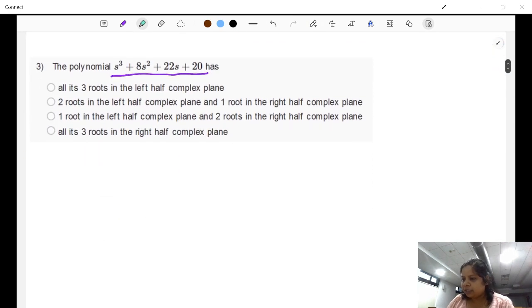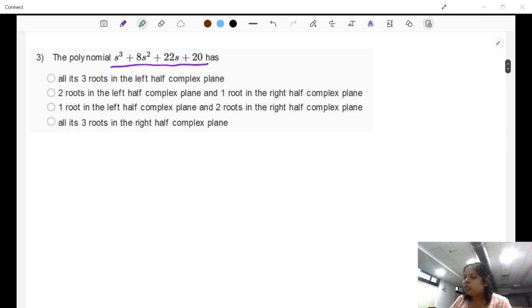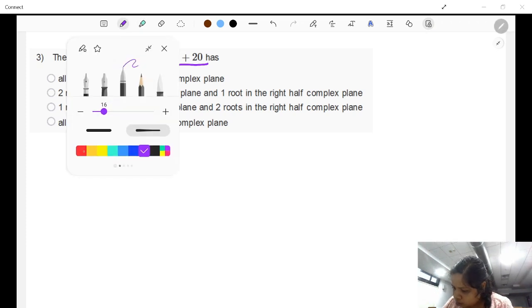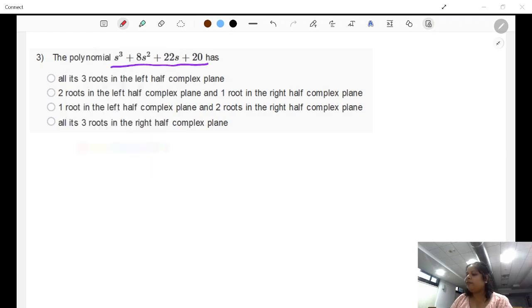So we'll start with the next question. We are going to construct a Routh array here. The way we do this is, let's say your polynomial is s cube plus 8s square plus 22s plus 20.